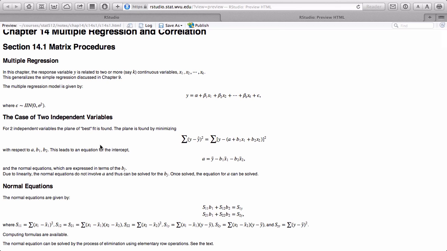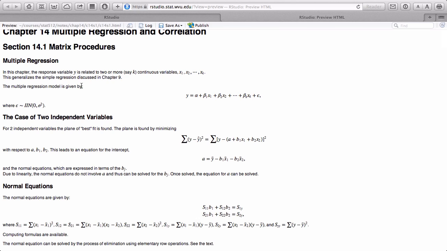And we're going to work with real data. Not only that, you will be able to do this in R quite simply. Matrix algebra can get very tedious.